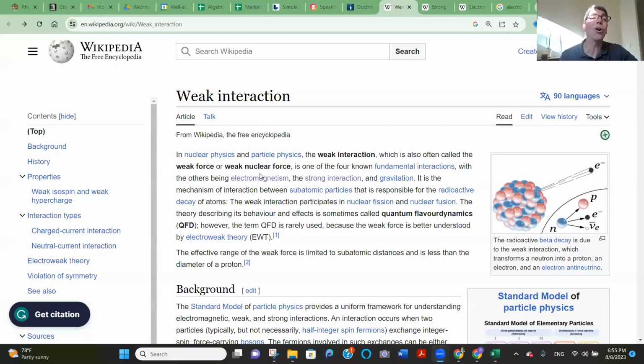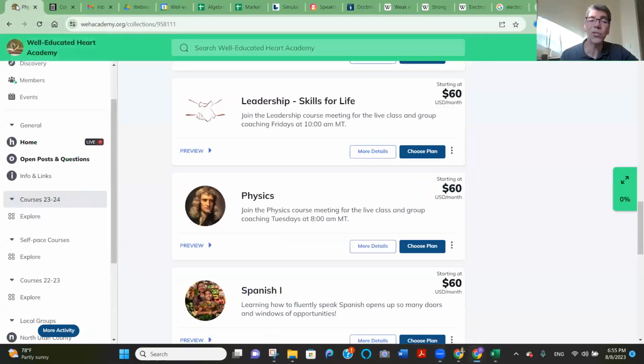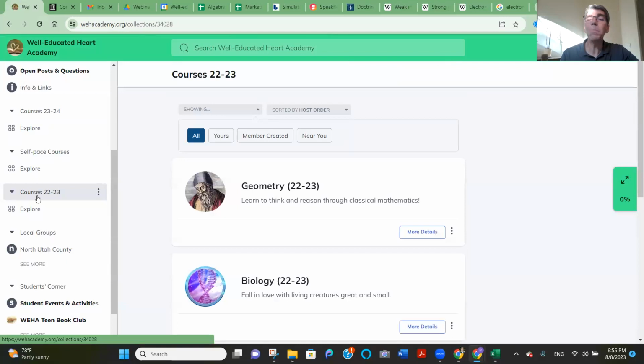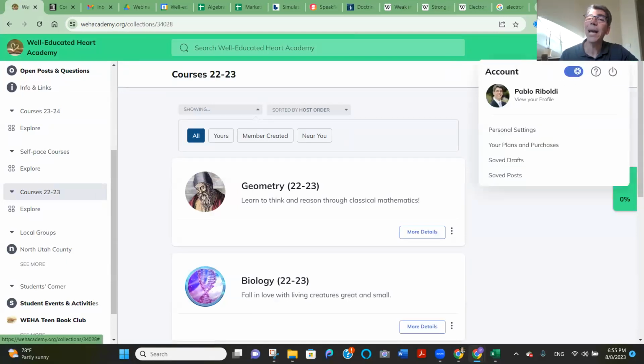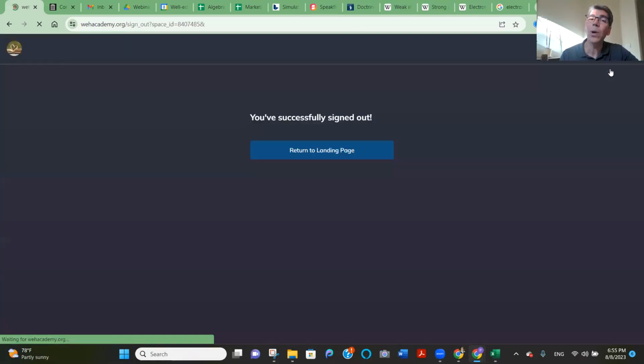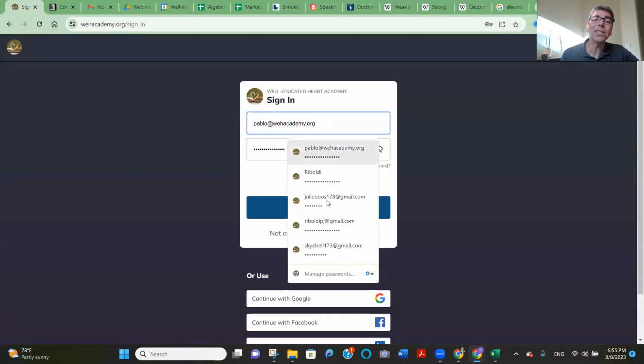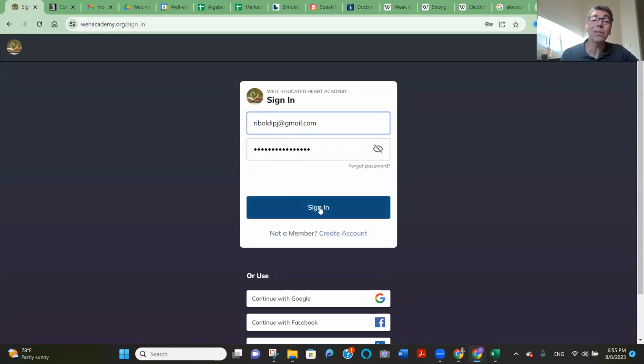So let me share a couple of examples of how these notes look. I'm going to switch my account. I have two accounts. One is my host account, and then another one is where I can simulate being a student, if you wish.